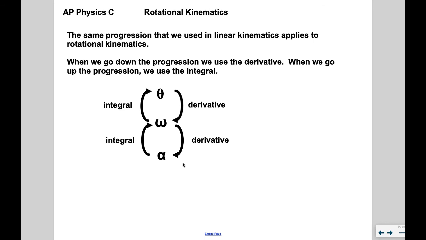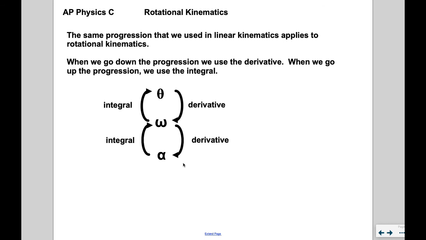to a linear term. If we are going up the progression, if we have a function for the angular acceleration that is a function of time, when we go up the progression to find the angular velocity, we take the integral of the acceleration function. If we then go up to position or displacement, we would take another integral of the angular velocity term.